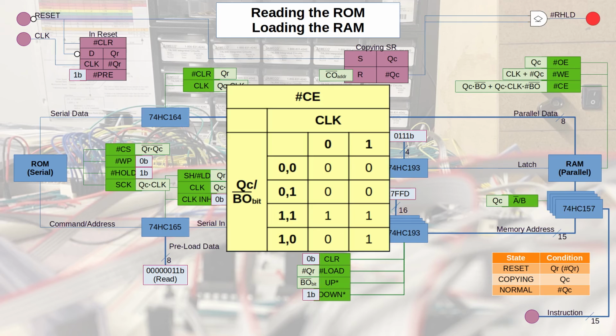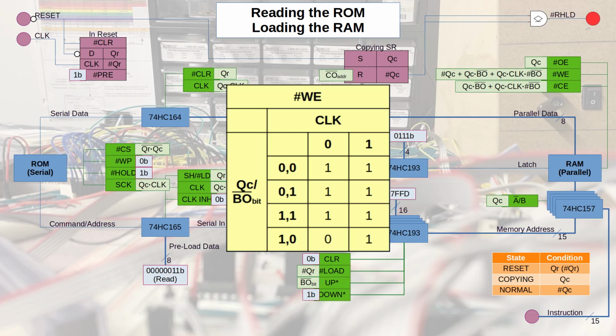Either my QC is high and my borrow out is high. In that case, the clock is irrelevant. Or if QC is high and borrow out is low and the clock is high, then that is set. Then my chip enable is brought high. Otherwise, that chip enable is low.